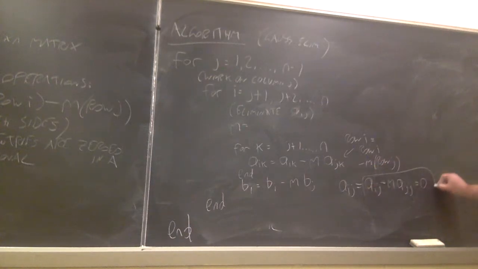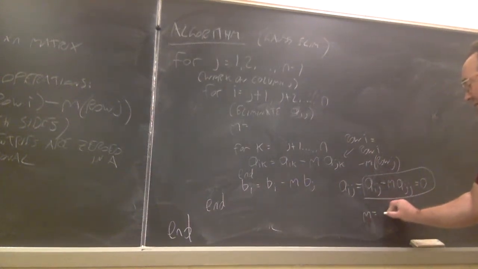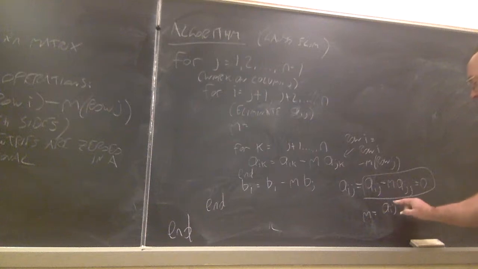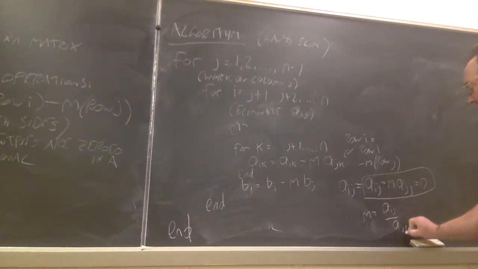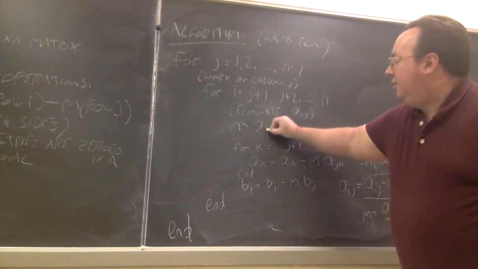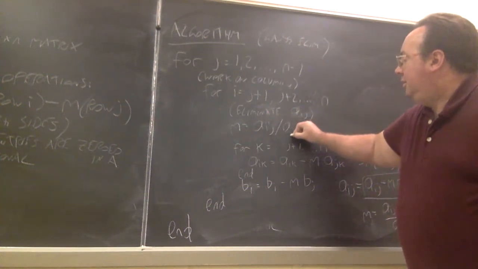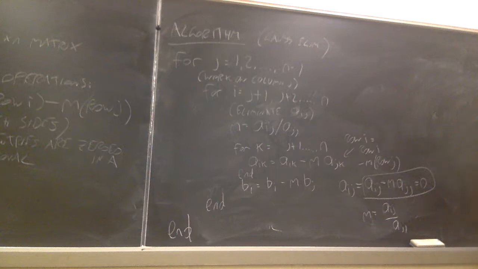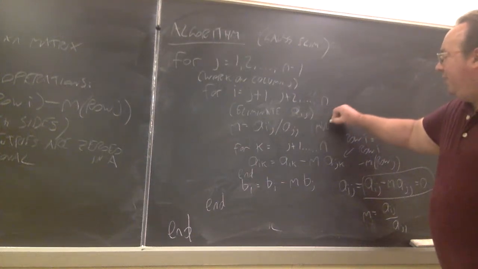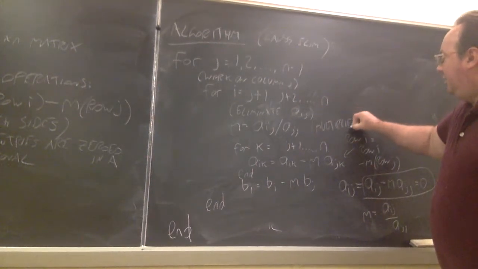Now, we solve that for m. m is equal to a_ij, the entry we want to eliminate, over a_jj. So I'll fill that in here. And in this algorithm, m is referred to as the multiplier. So I'll be referring to that often in the future.